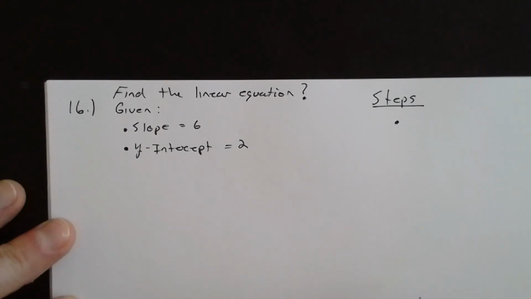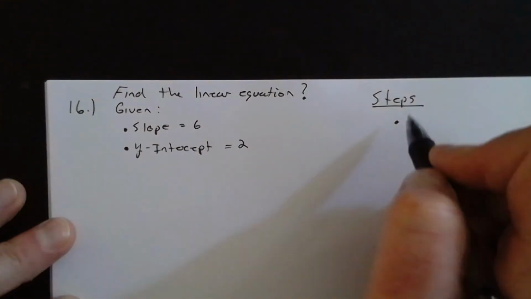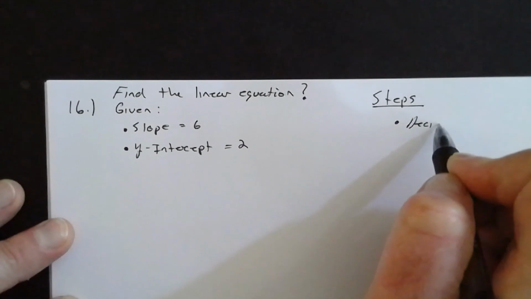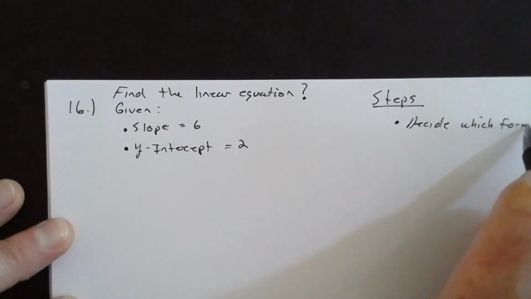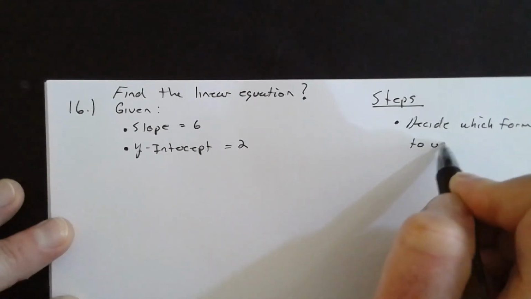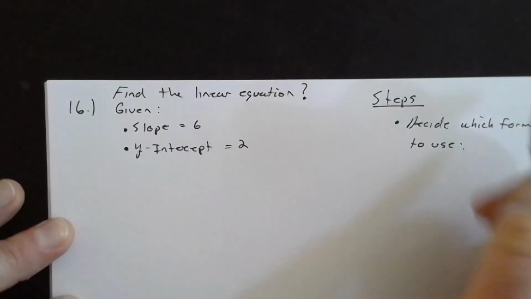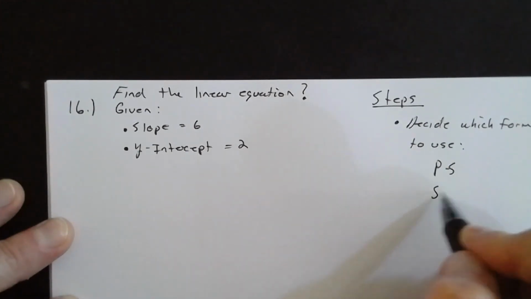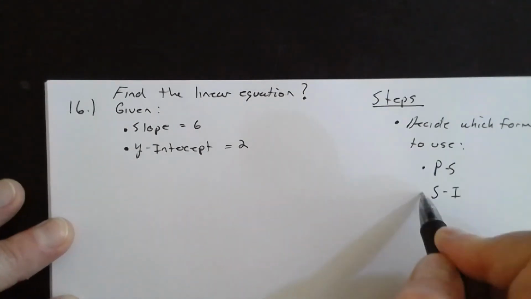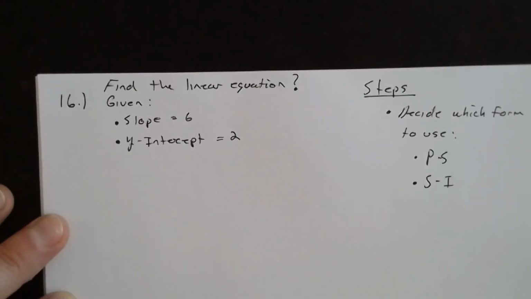You have to decide on which form to use. Are you going to use point slope, or are you going to use slope intercept? Slope intercept. That one's pretty obvious, right? Okay.